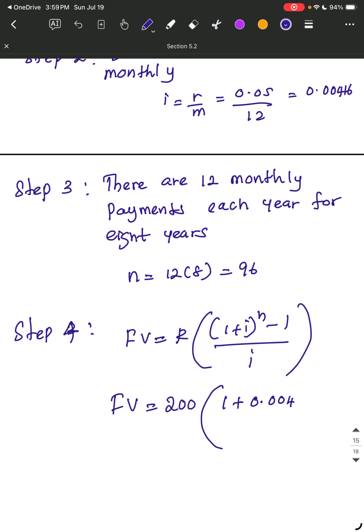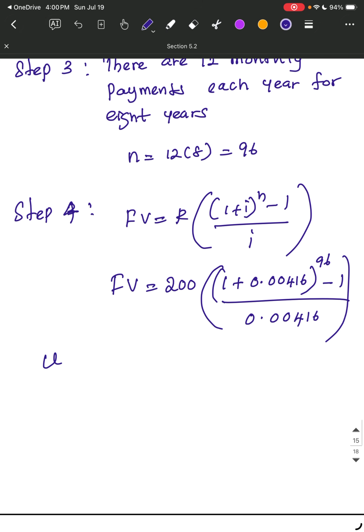Using a calculator, the future value could be approximately $23,548.10.